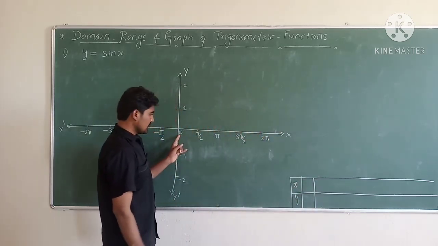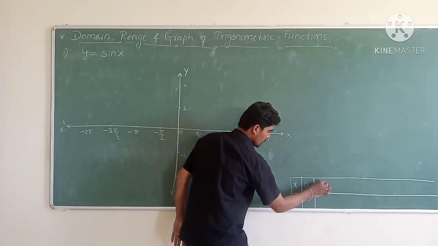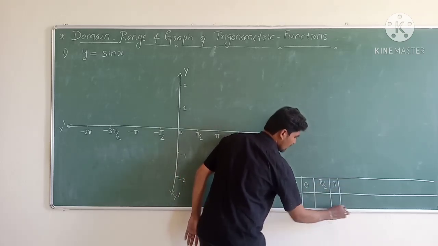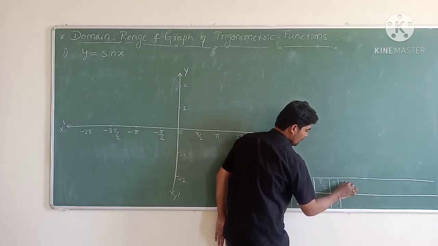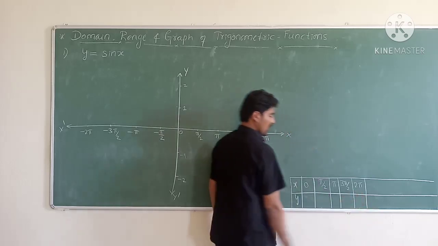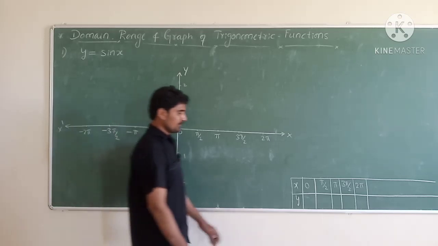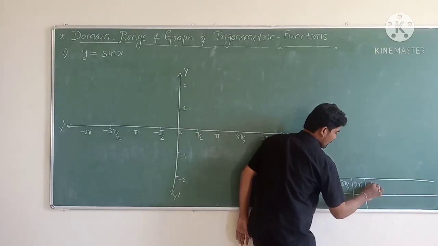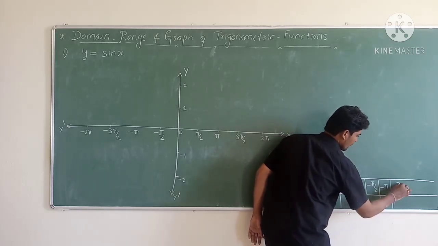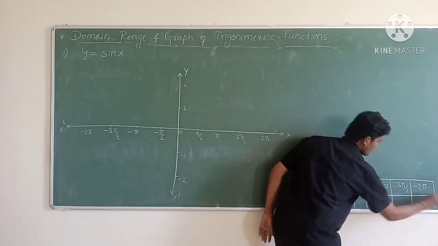Values of x: 0, pi by 2, pi, 3 pi by 2 and 2 pi, and then minus pi by 2, minus pi, minus 3 pi by 2 and minus 2 pi.